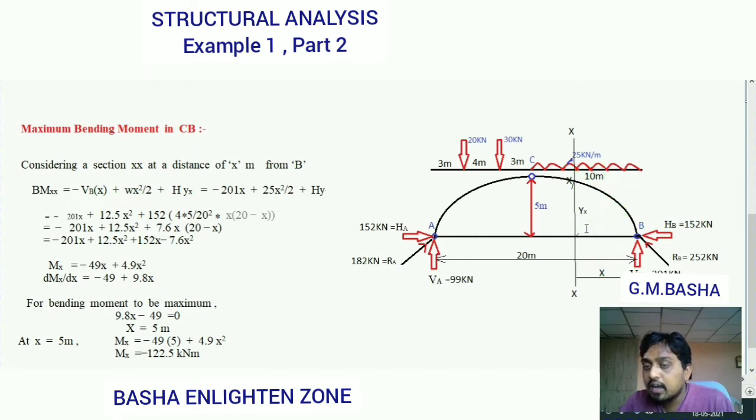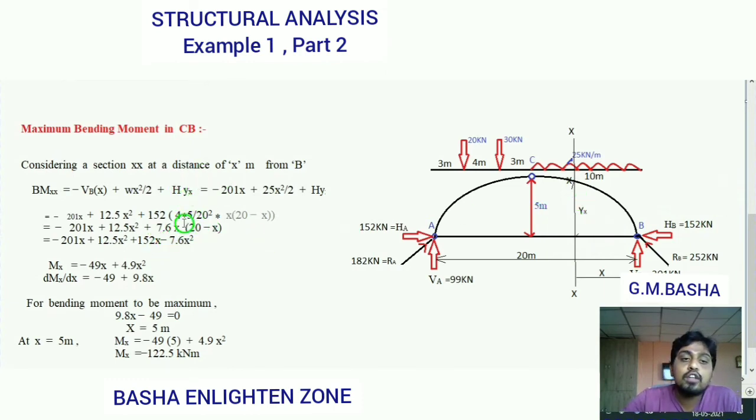For a UDL, the load is w into length, so 25 into x, and the distance will be x by 2, which is acting clockwise. That is the reason I am taking the plus value. Again this HB value, HB into this distance: the force will be equal to 152, and the distance will be this yx value, 152 into yx, which is clockwise positive.